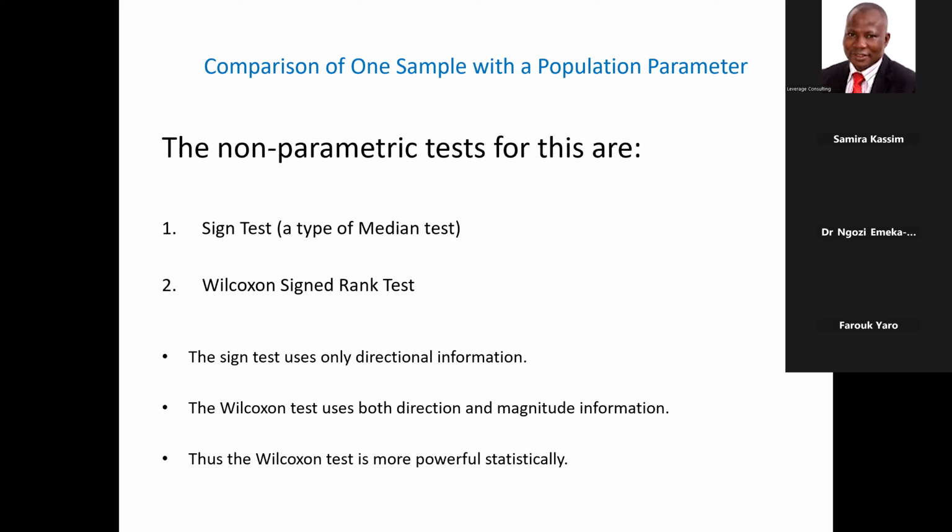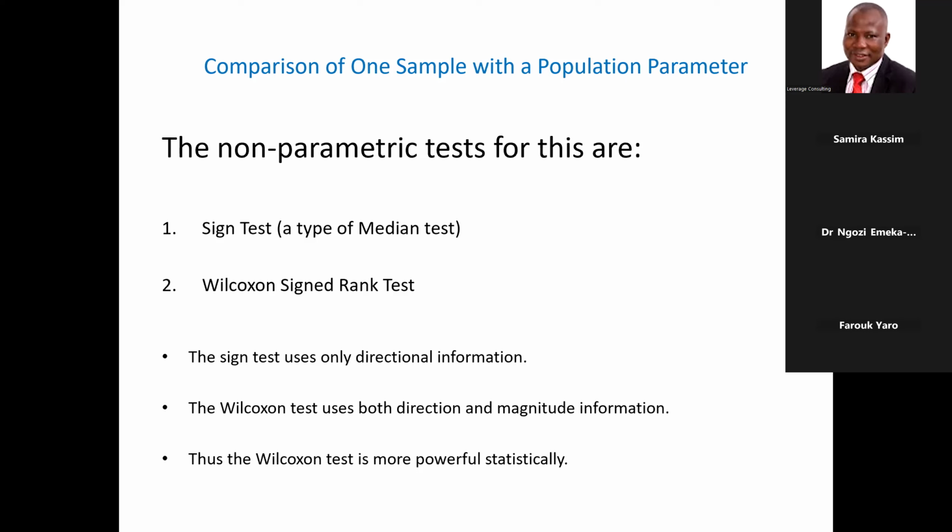So comparing one sample with a population parameter. In a situation, let's say, you know the counterpart of the one-sample t-test now. The non-parametric counterparts for this are the sign test, the median test, and the Wilcoxon signed-rank test. The sign test uses only directional information, just direction, positive or negative.